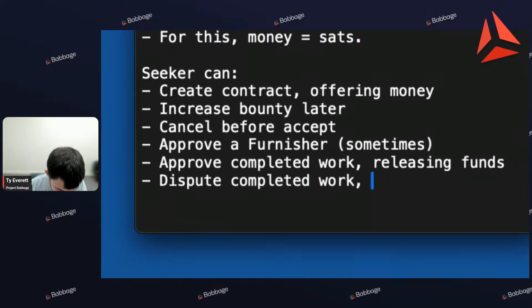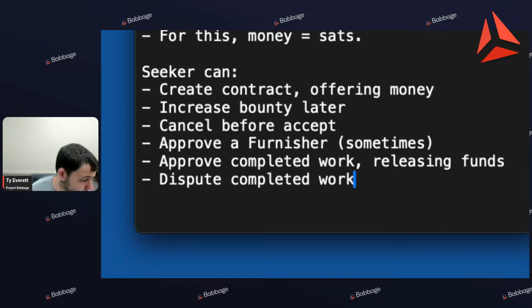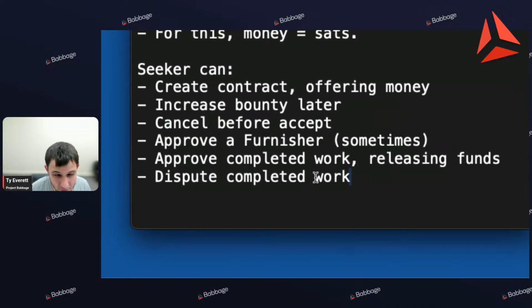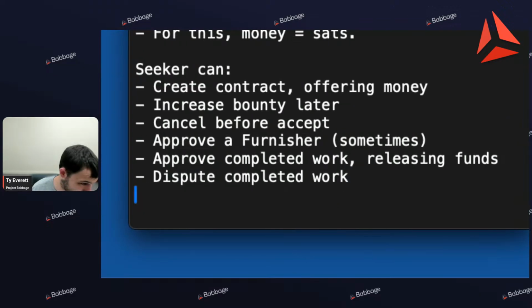I can also dispute completed work. And now thinking procedurally about how we're going to code this, I should be able to list active disputes.